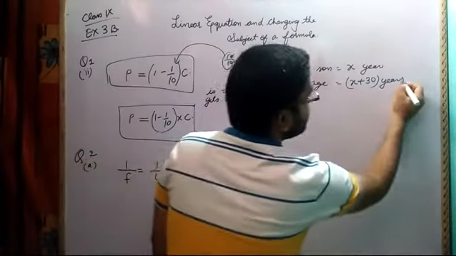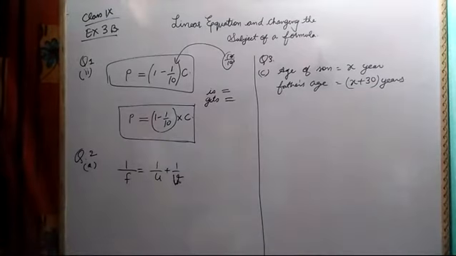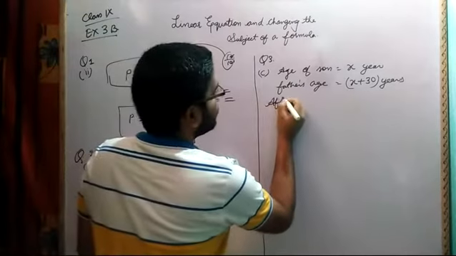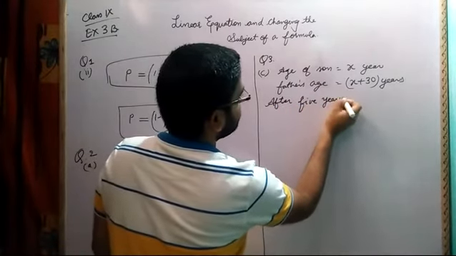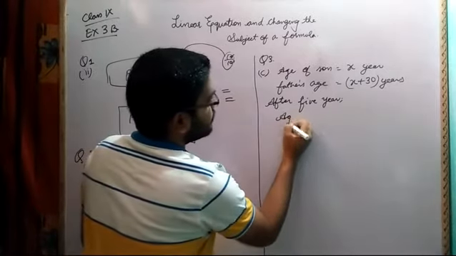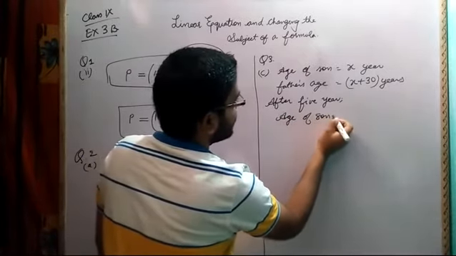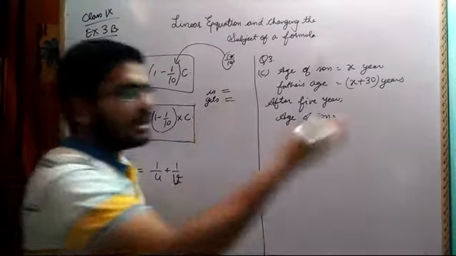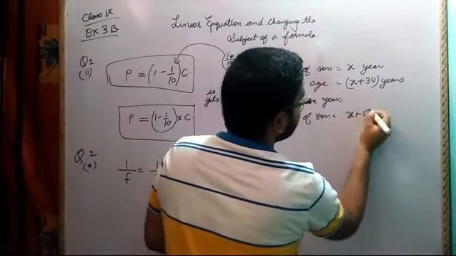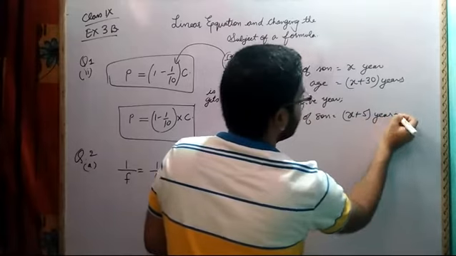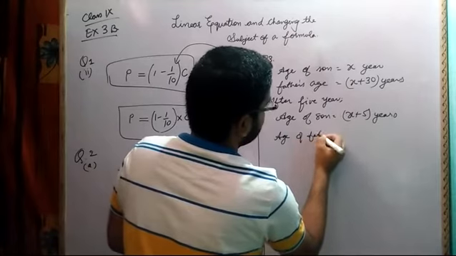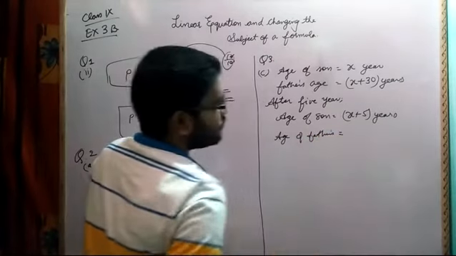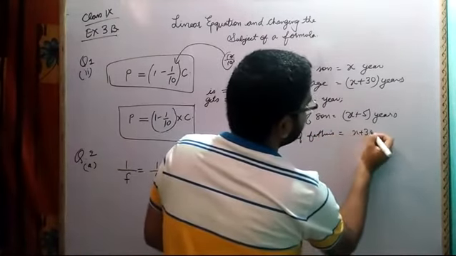Now after how many years? After 5 years, the age of the son will increase, so it will become x plus 5 years. Age of the father will become x plus 30 plus 5.